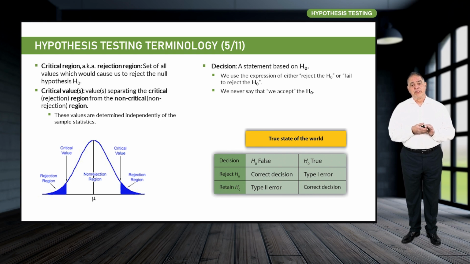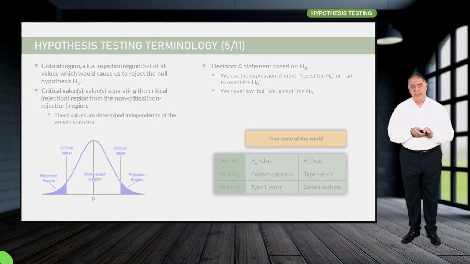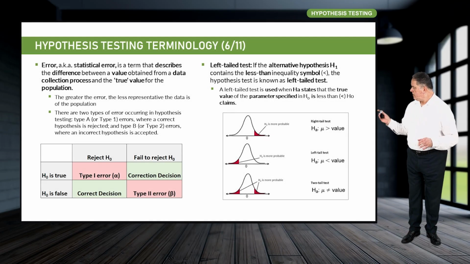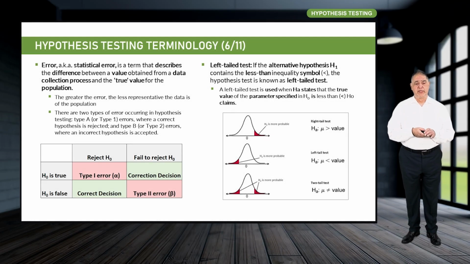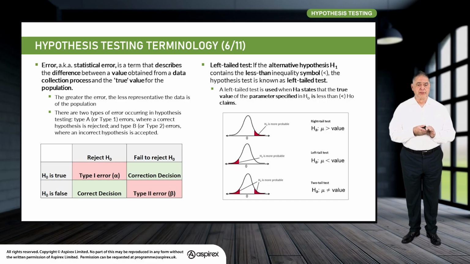If the null hypothesis is true and you reject the null hypothesis, then you commit a type 1 error, as we call it. And again, here in the figure, we can see the correspondence between either rejecting or failing to reject the null hypothesis and the reality of either the null hypothesis being true or the null hypothesis being false.